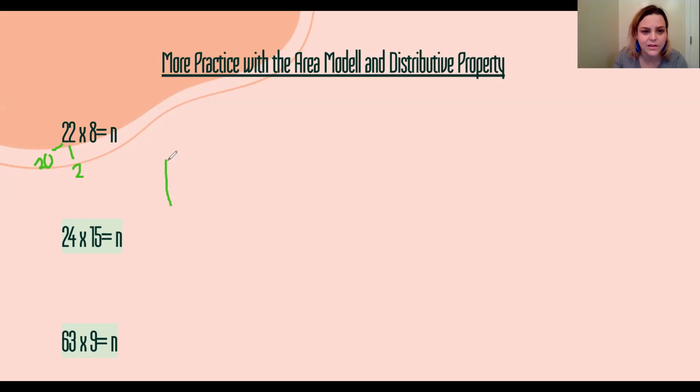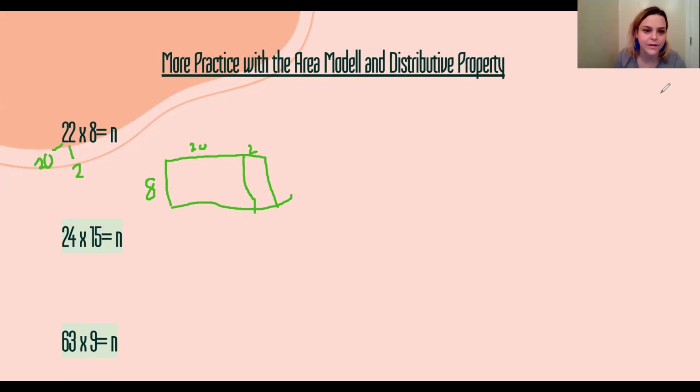So I'm going to do my rectangle. It's not going to be perfect. It's okay. I'm going to represent 8 over here, and then 20 and 2 over here. Again, it's kind of hard to draw on the computer, so sorry if it looks weird.